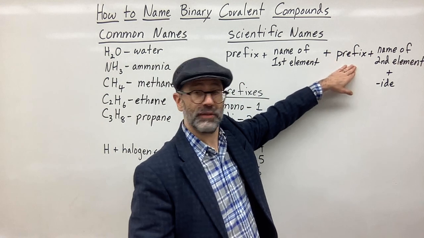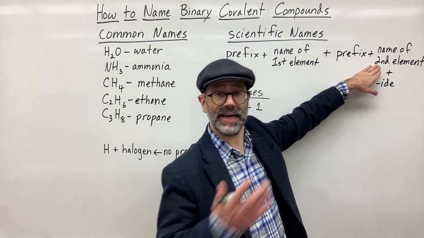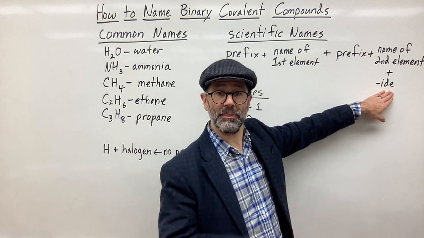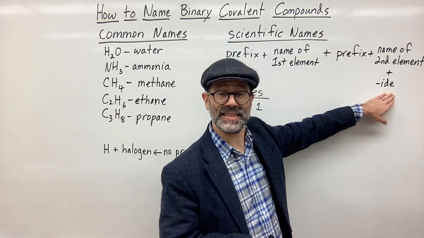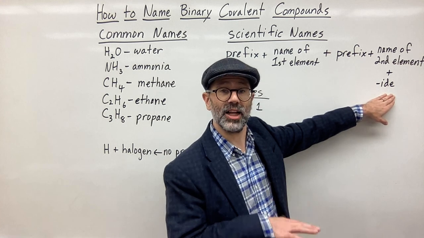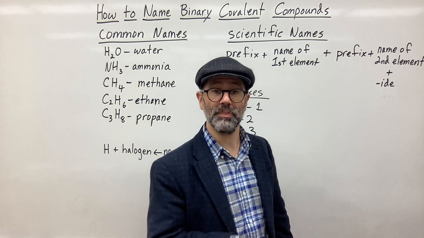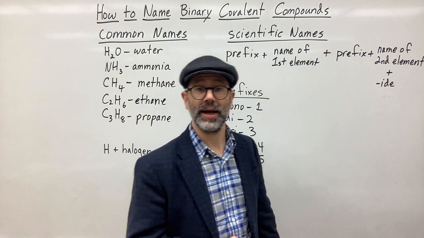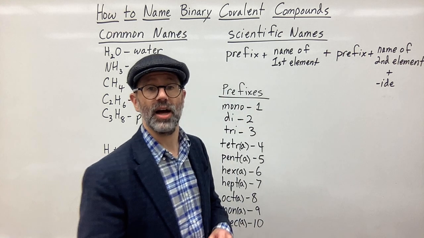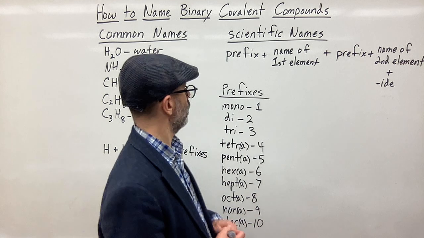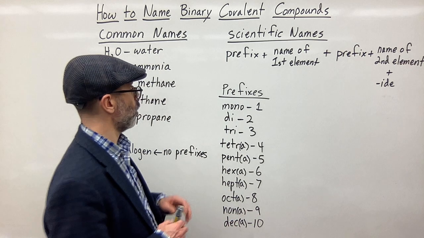So it's going to have a prefix plus the name of that second element. But for that second element, you're going to drop the ending and add IDE. So the second element's name is going to end in IDE, but you have to drop the ending first, right? Certain endings are dropped for certain elements, and I'll go over that in just a moment.